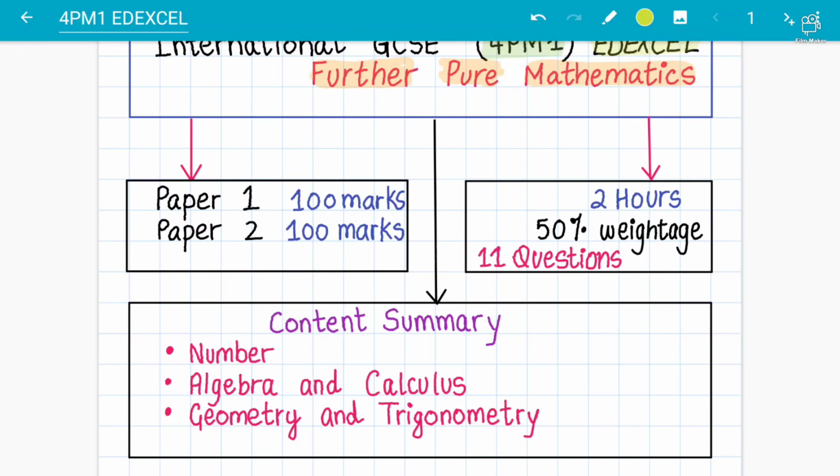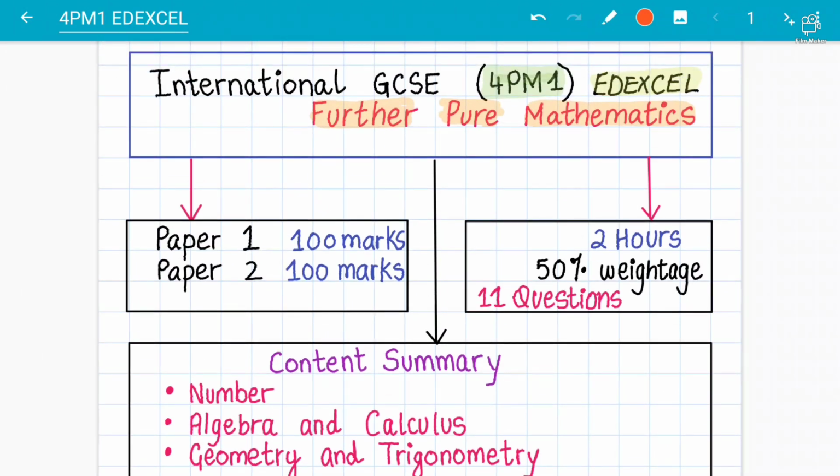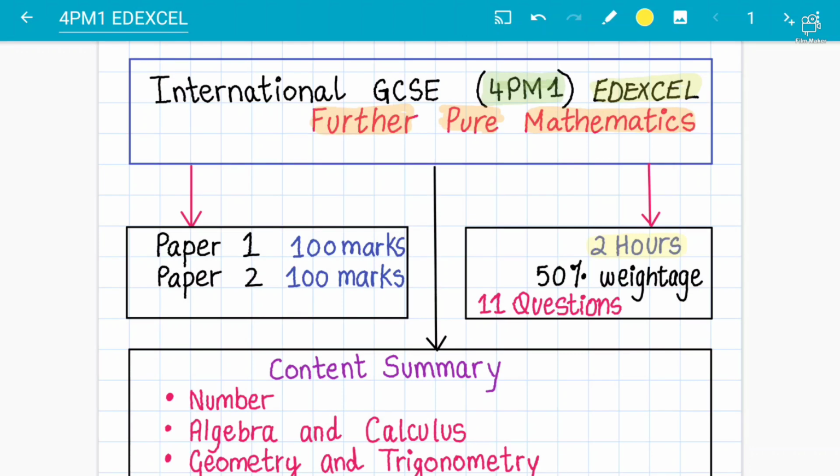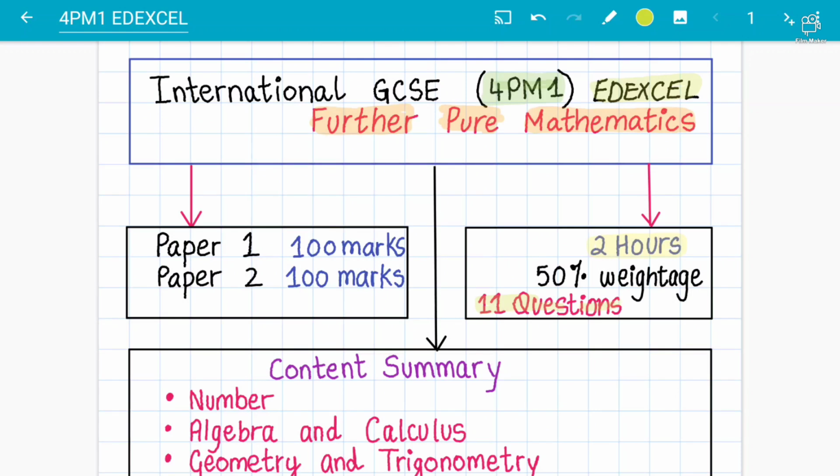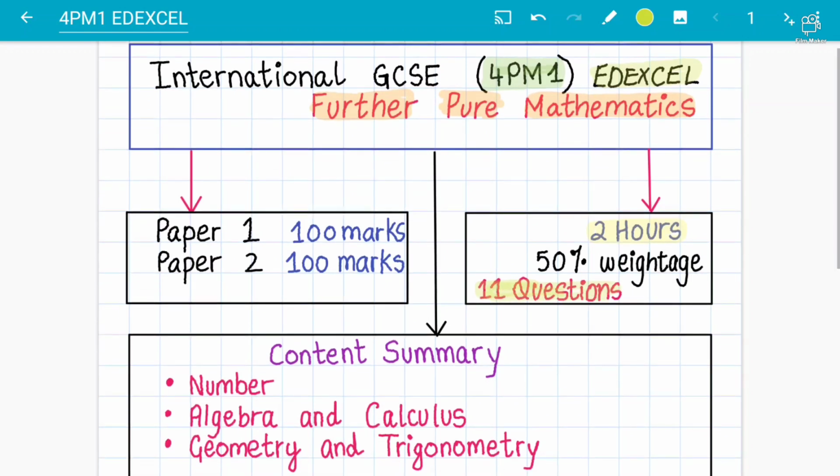The first important thing is that this syllabus has two papers, paper 1 and paper 2. Both papers are 100 marks each. Each paper allows students a 2 hour time period, and you have to solve 11 questions with a lot of parts, A, B, C, D, sometimes 5 parts, sometimes 3 parts.